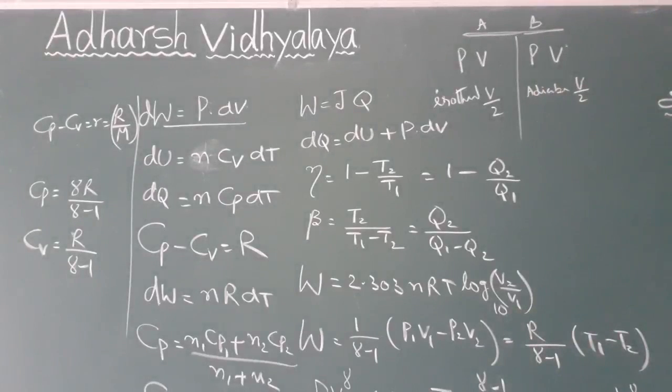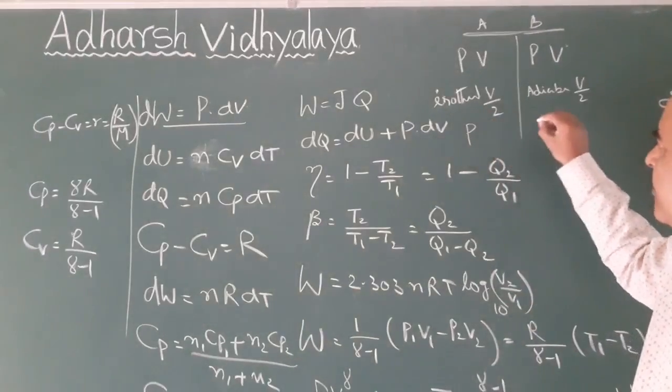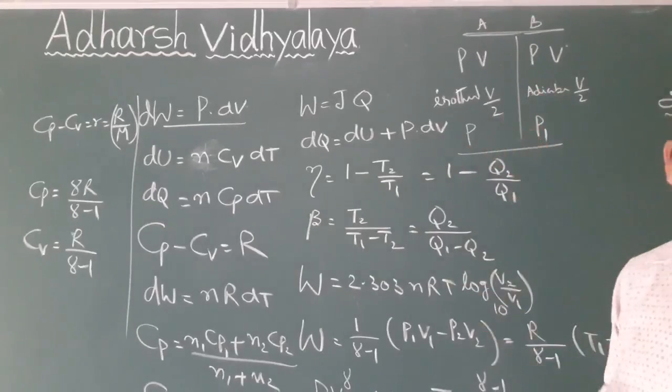Now the question is, for which gas will the final pressure be more? Let the final pressure here be P1 and here P1 dash. Which one is more?